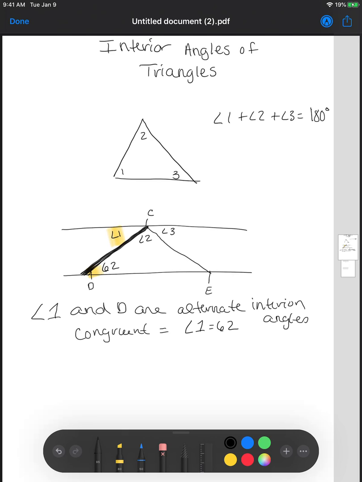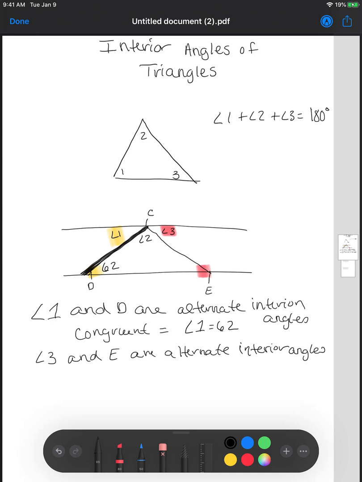All right, let's talk about angle E. So angle E, which is right here, and angle 3 are also alternate interior angles. So angle 3 and angle E are alternate interior angles, which means they're congruent and they're equal.